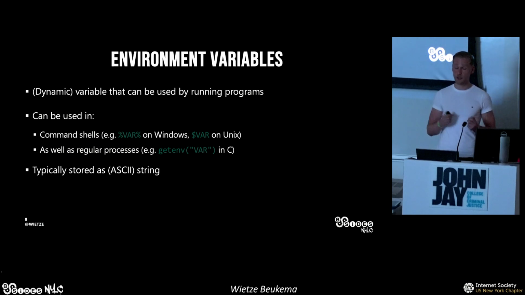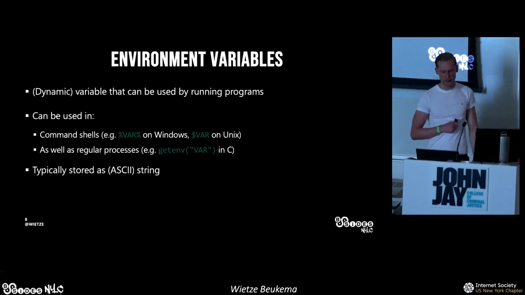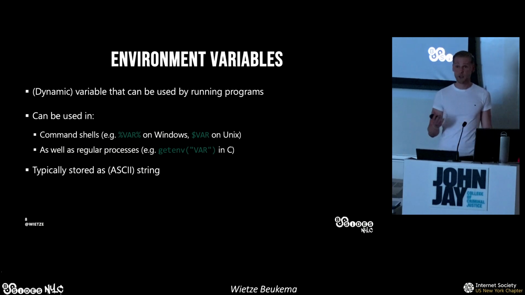If you've used Windows or Linux, you will know from bash scripts in particular, right? If you use the terminal or the command prompt, you will know the pattern of a percentage sign, variable name, percentage sign on Windows, and then on Unix systems, you've got $ and then the variable name. So they're quite useful.